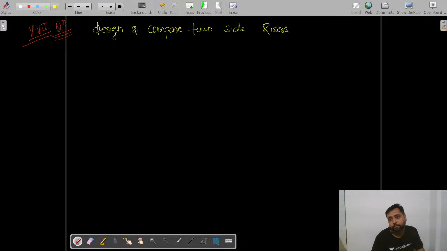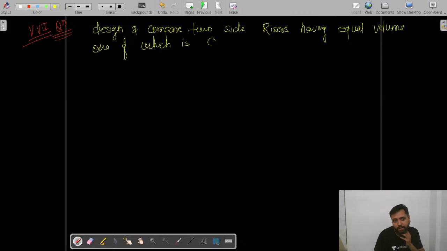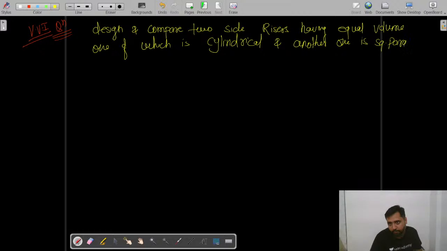The question is: design and compare two side risers having equal volume, one of which is cylindrical and the other one is a square parallelepiped.